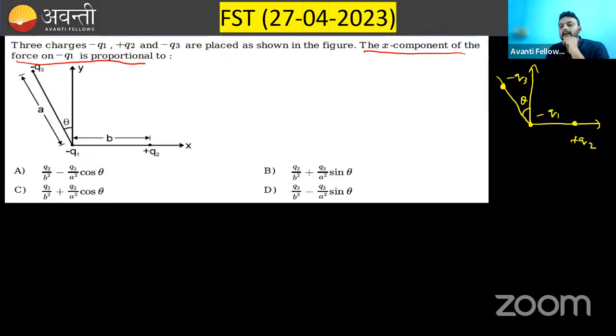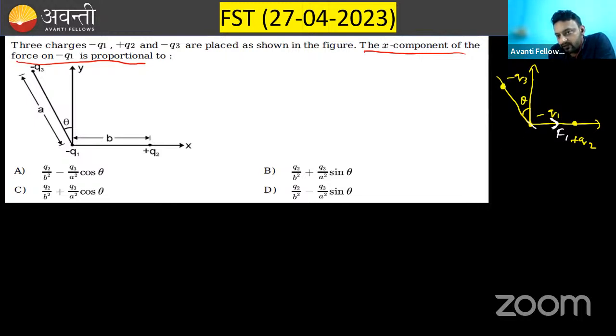Now, on Q1, they are asking the force. Who will exert force? Q2 and Q3 both will exert the force. So one thing that is very clear, Q2 will attract it. This is the force by Q2. Let's suppose this is F1. And Q3 will repel it. Why repel it? Because Q1 and Q3 both are negative.